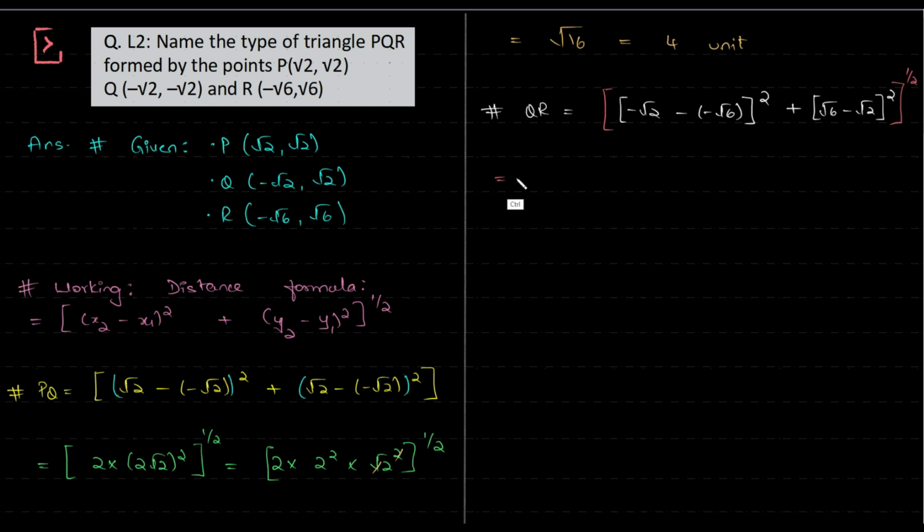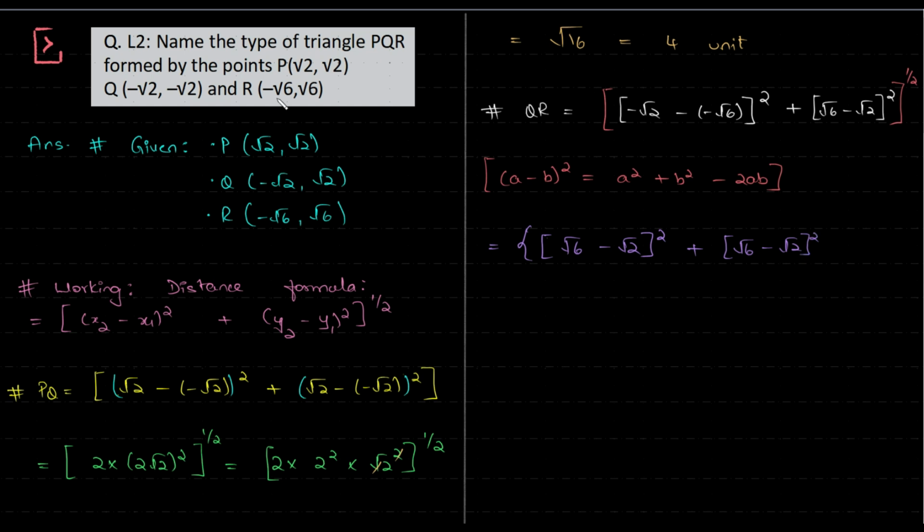And over here, what formula are we looking at? We have to make use of a minus b the whole square in both the cases. A square plus b square minus 2ab. So this would be equal to, I'll use something called flower brackets, plus root of 6 minus root of 2 the whole square plus, but the same thing, root of 6 minus root of 2 the whole square.